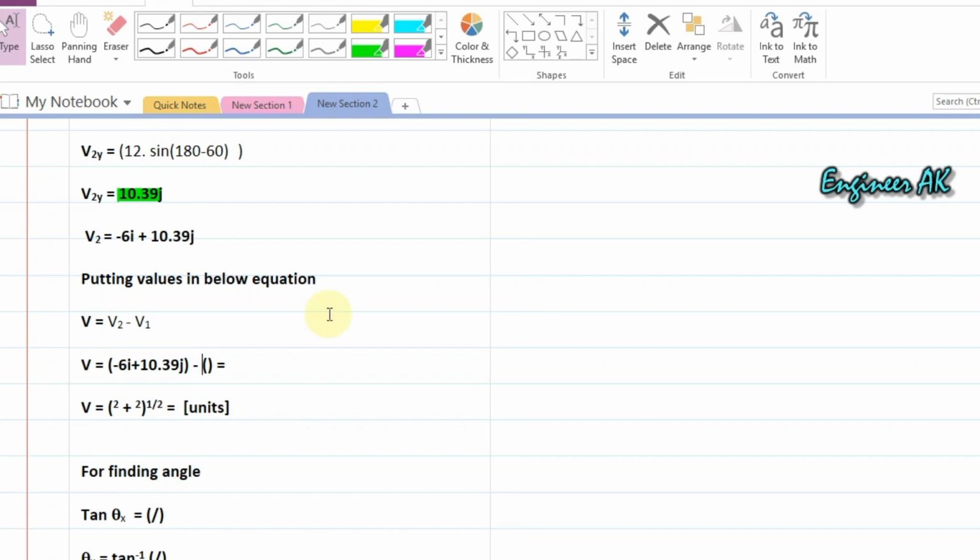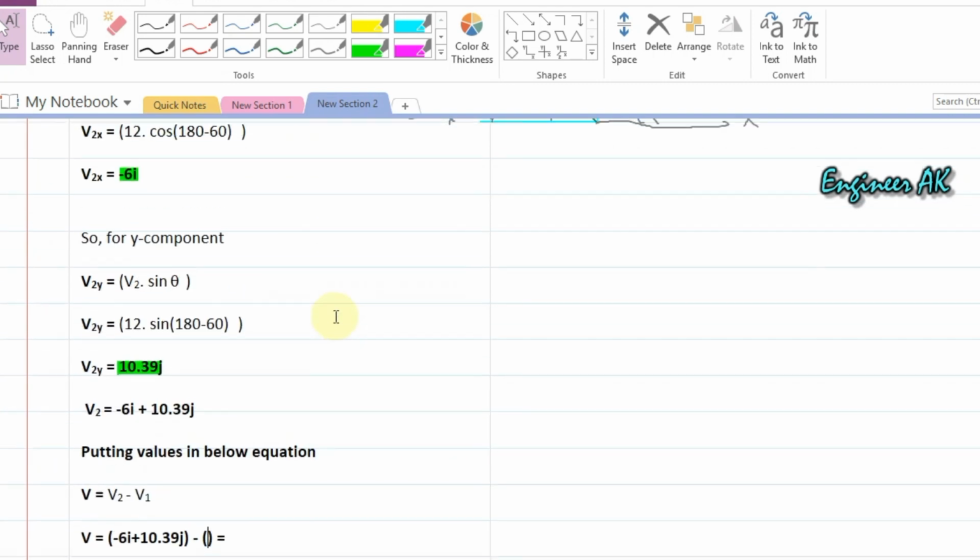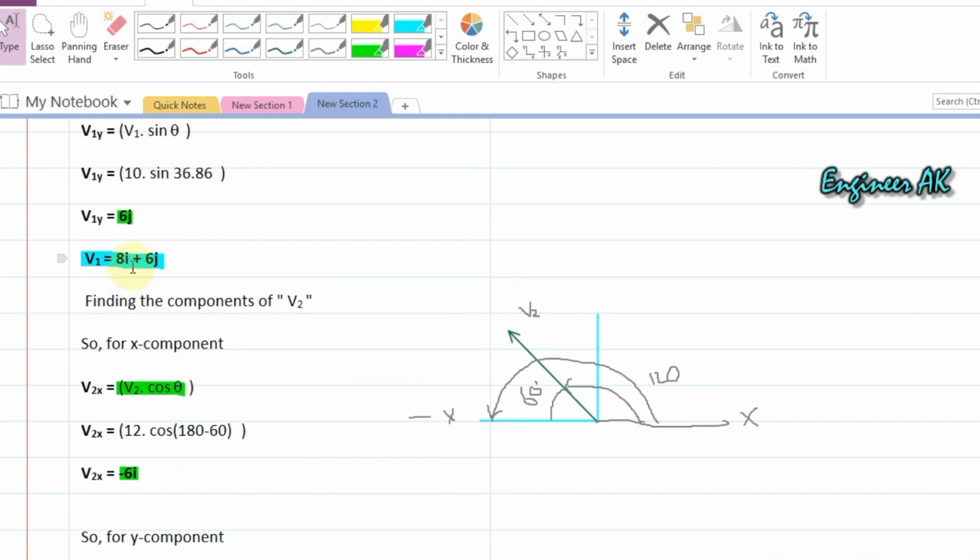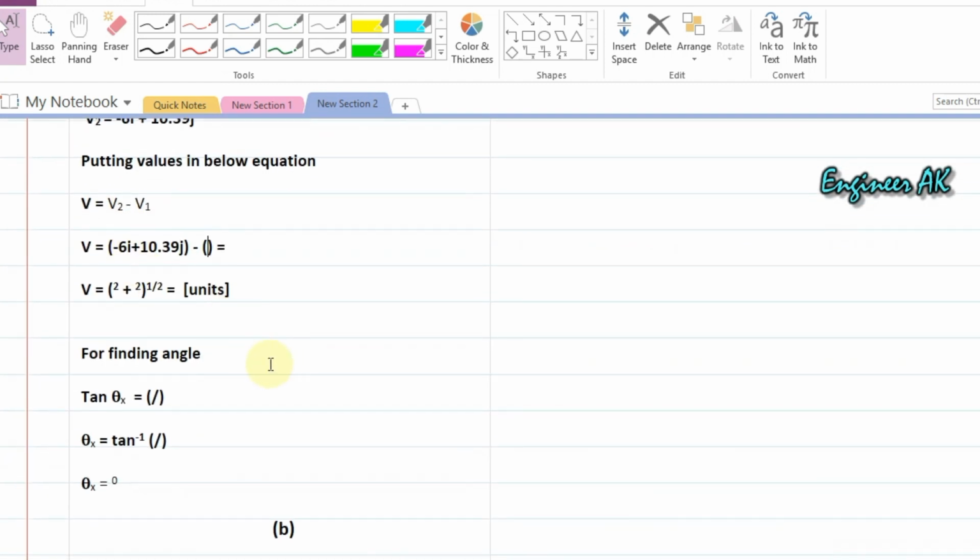And if I talk about v1, v1 is 8i plus 6j. So if I solve it, this 8 will become minus, and these both terms will become minus, because plus minus minus, and then again plus minus minus.